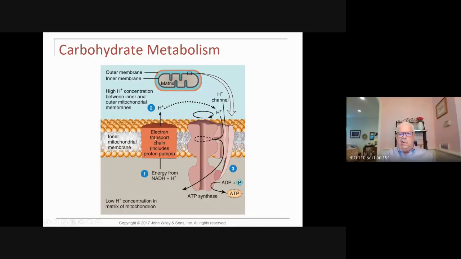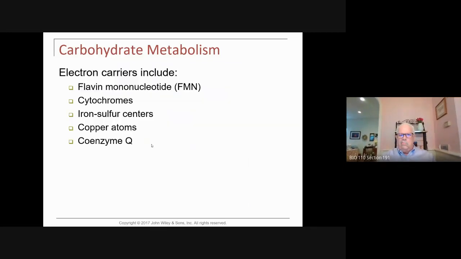Here is the electron transport chain. In the electron transport chain, there are electron carriers. And there are 2 major carriers here. And they are the first 2.